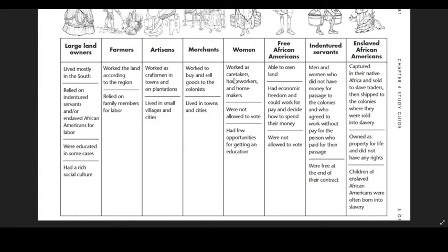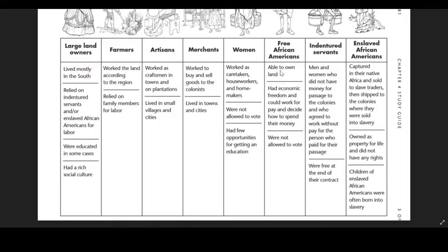Then we have women and free African Americans. I'm going to put them together because this is a good comparison of how you should be looking at these people. Women worked as caretakers, houseworkers, and homemakers. They were not allowed to vote and had few opportunities for getting education.